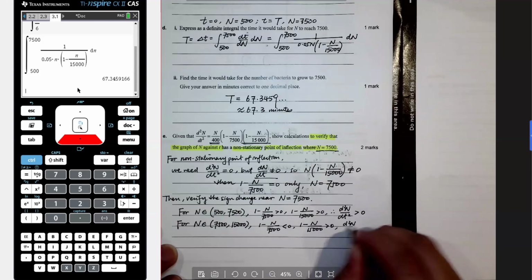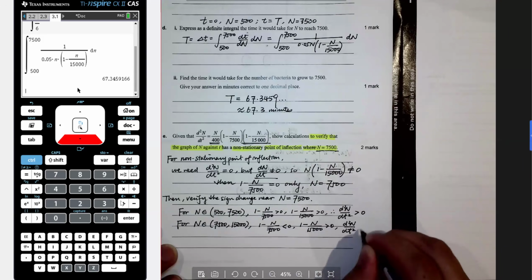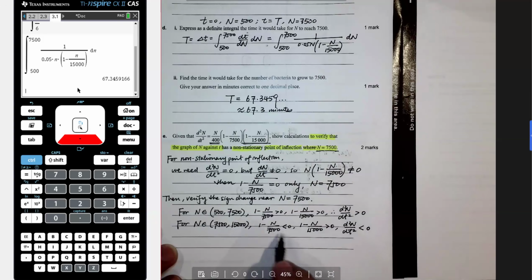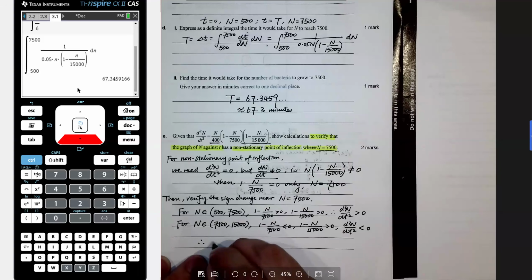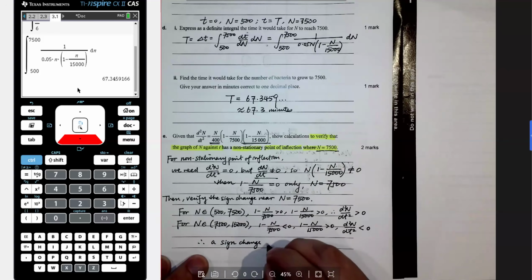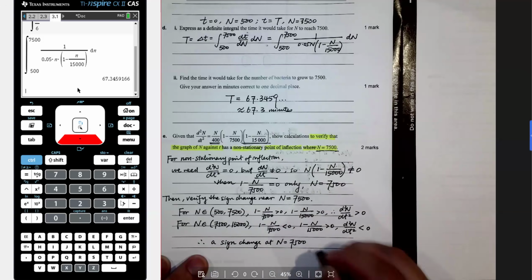So your d2n dt squared is less than 0. We multiply these two together. Therefore, a sign change at n equals 7,500 is confirmed.